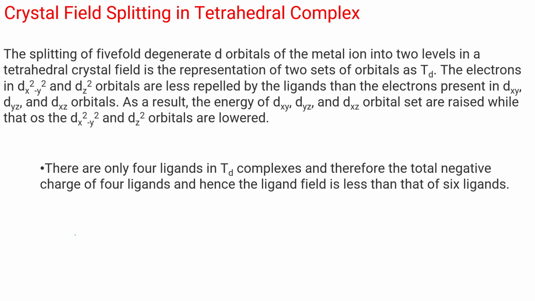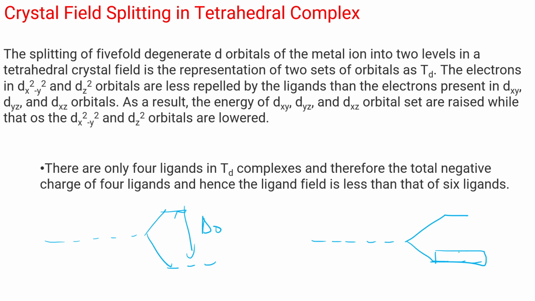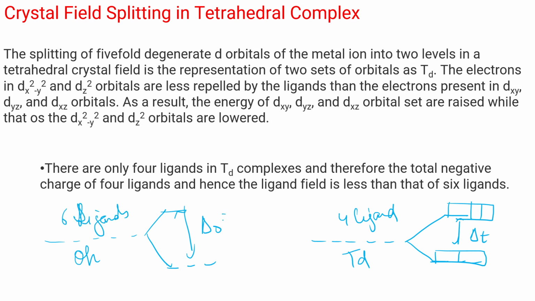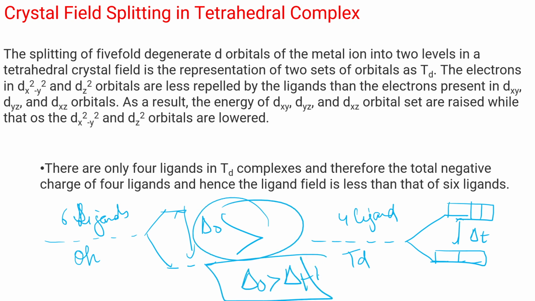In the case of an octahedral complex, you saw that the splitting gives you delta O. Crystal field energy splitting in the case of a tetrahedral complex will give you delta T. Since only four ligands are there in a tetrahedral complex, while in an octahedral complex you have six ligands, the splitting will be more. Delta O will be more than delta T.